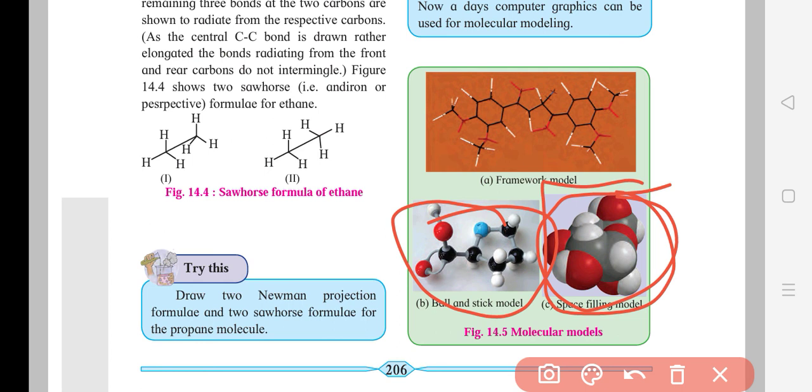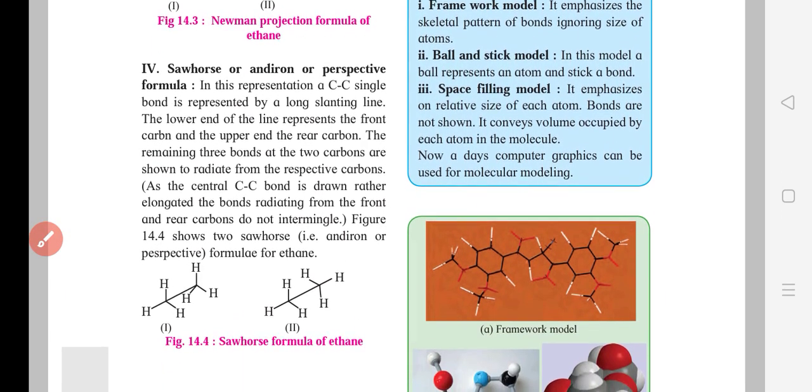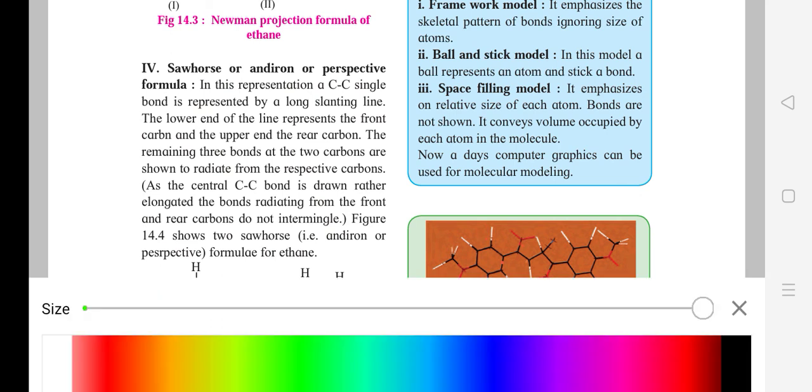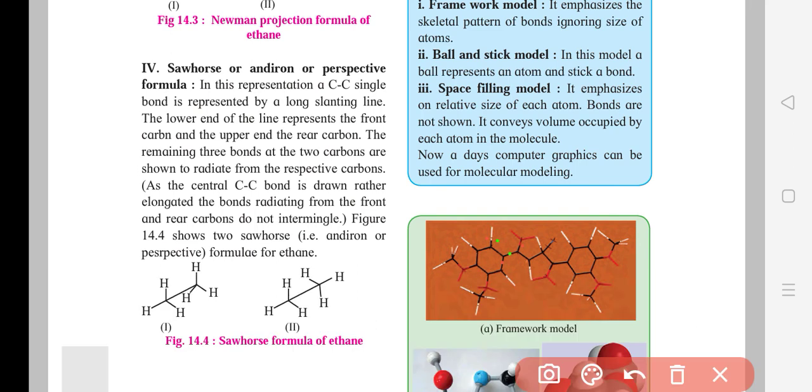Here this is a framework model. सिर्फ frame रहेगा, बीच में balls वगैरह नहीं रहेंगे. The node points of the frame will represent the different atoms which are present.